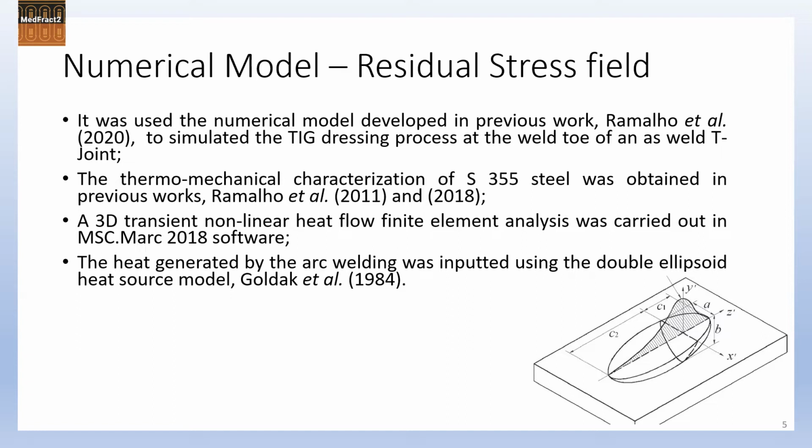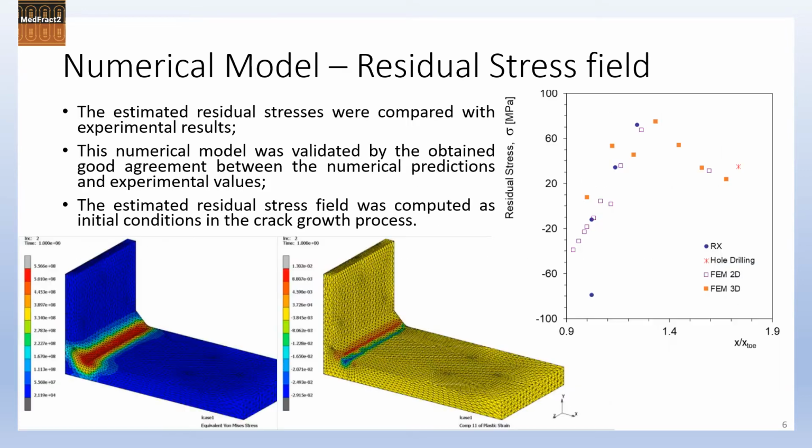Adiabatic boundary conditions were considered in the symmetry plane of the joint, and in all the other surfaces, convective radiative conditions were used. The heat generated by the arc welding was inputted using the doubly ellipsoid heat source model.